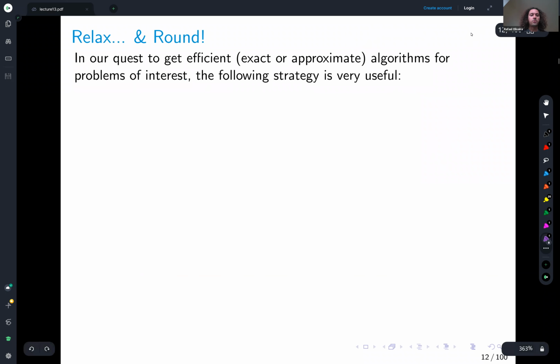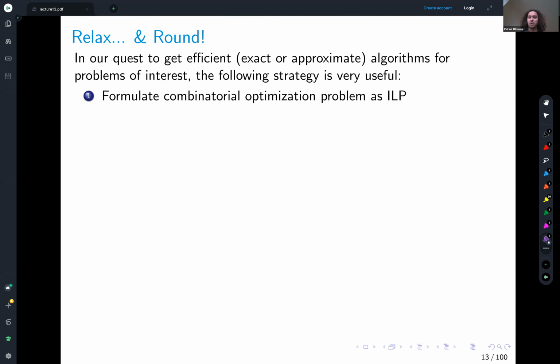On our quest to get efficient exact or approximate algorithms for the problems of interest, let's say maximum independent set, here's the strategy we're going to follow. We take the combinatorial optimization problem that we want to solve and formulate it as an integer linear program.